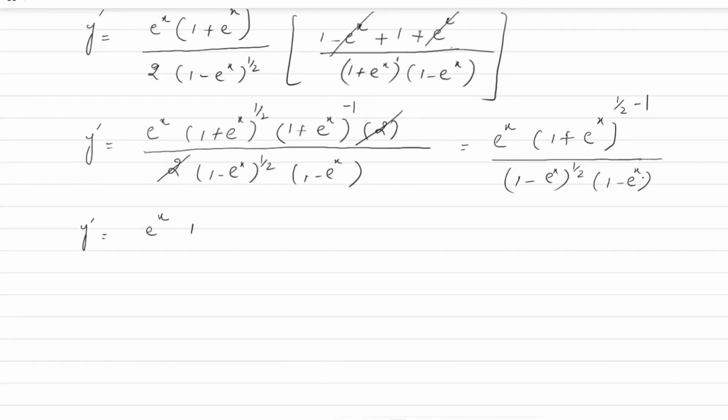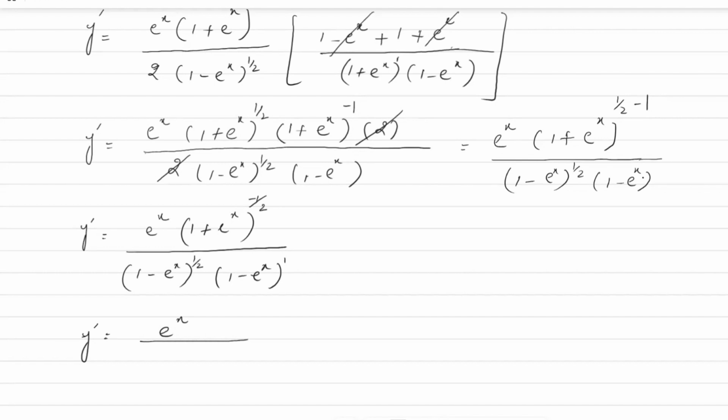E of x, 1 plus e raised to the power x whole raised to the power minus 1 upon 2 minus 1 upon 2, divided by 1 minus e raised to the power x whole raised to the power 1 upon 2. Y bar is equal to e raised to the power x, 1 minus e of x whole raised to the power 1 upon 2.